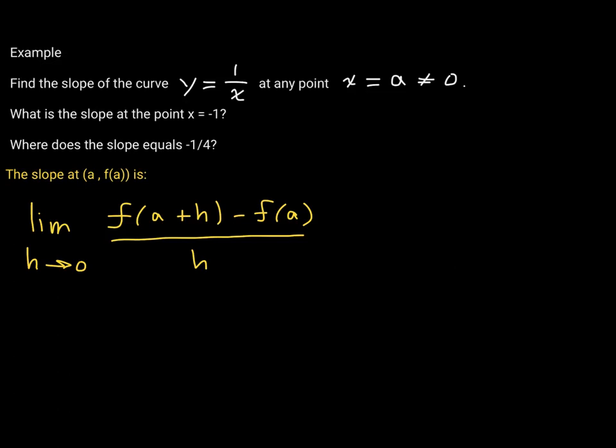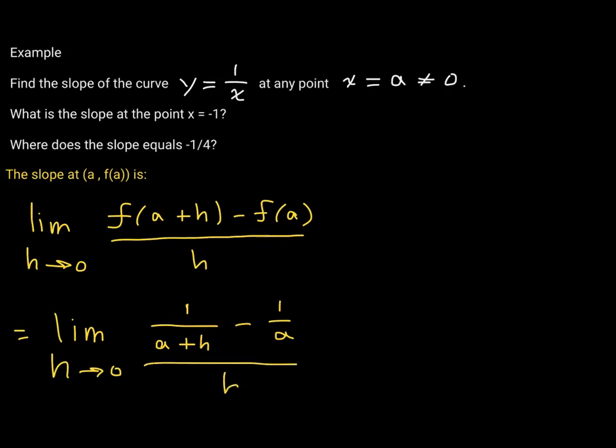Let's make some substitutions here. We're going to substitute a plus h into our function, so this will be 1 over a plus h minus f of a, which is 1 over a, and then all of this over h.